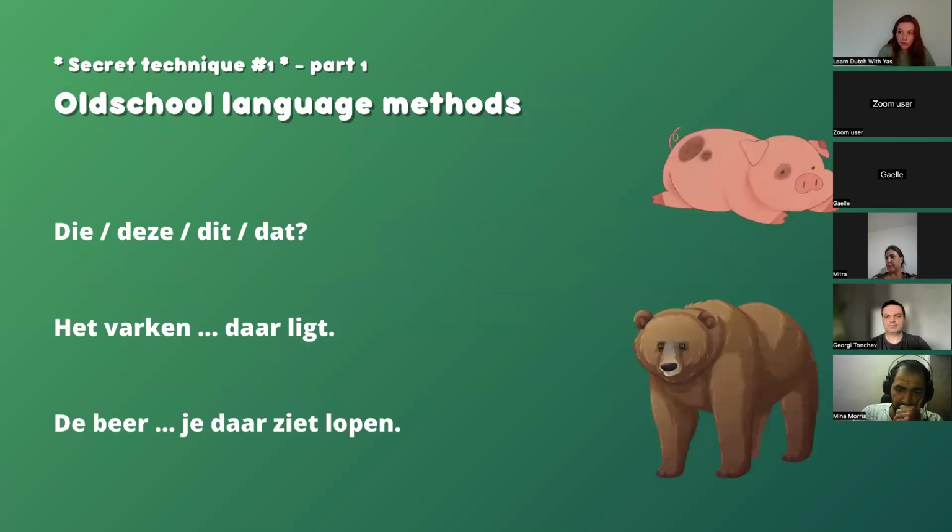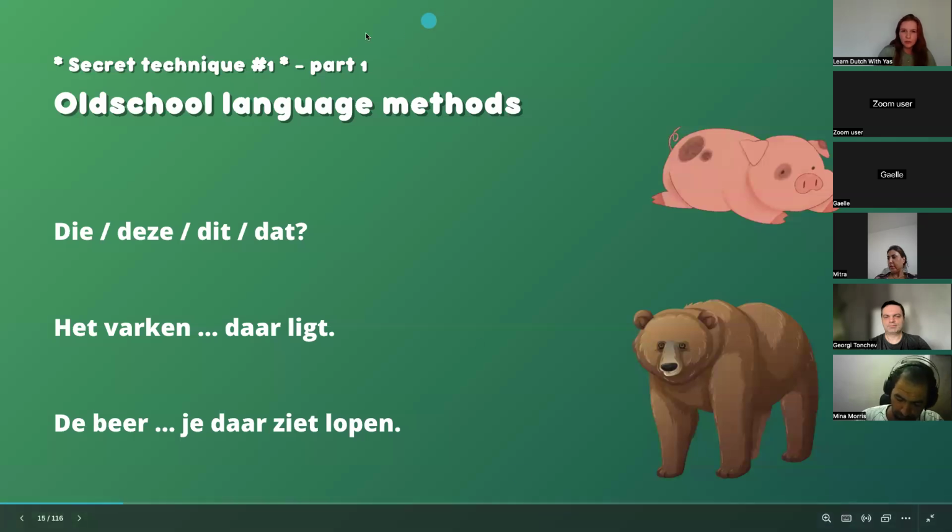And then afterwards, they're asking you to fill in exercises like this. For example, het varken daar ligt, de beer je daar ziet lopen. Would you be able to fill in these 2 sentences? Give it a try.